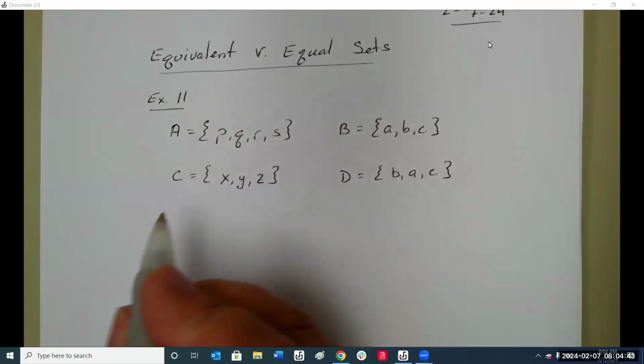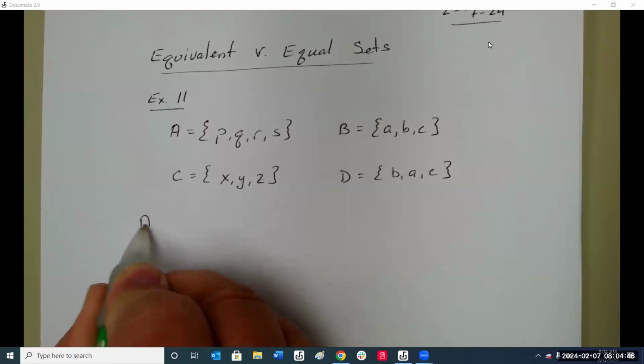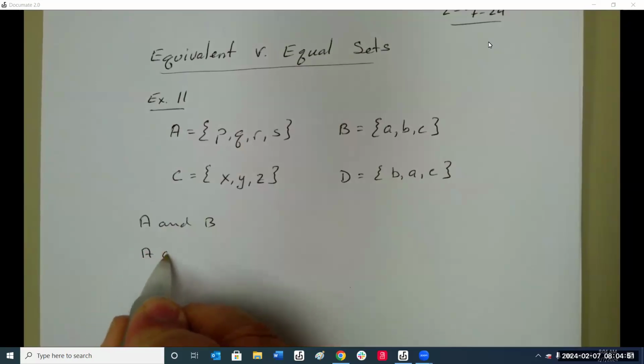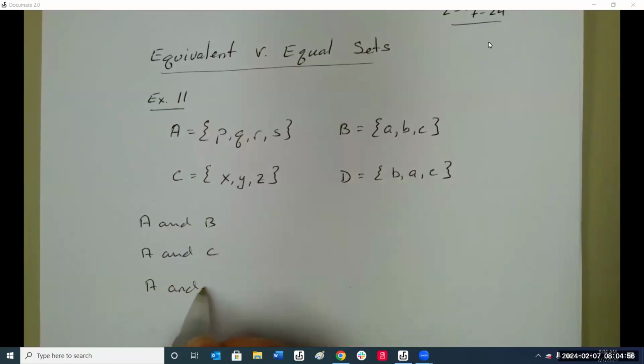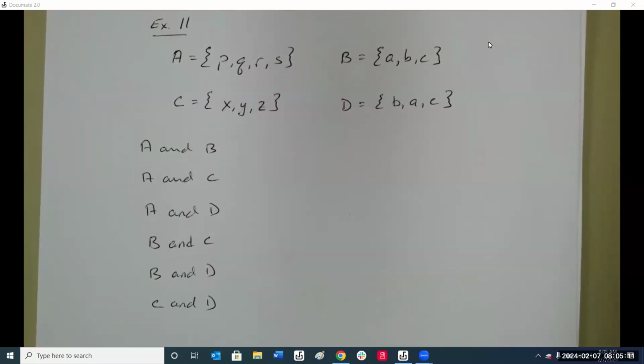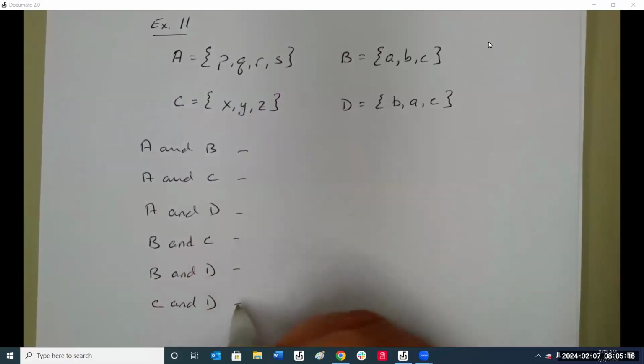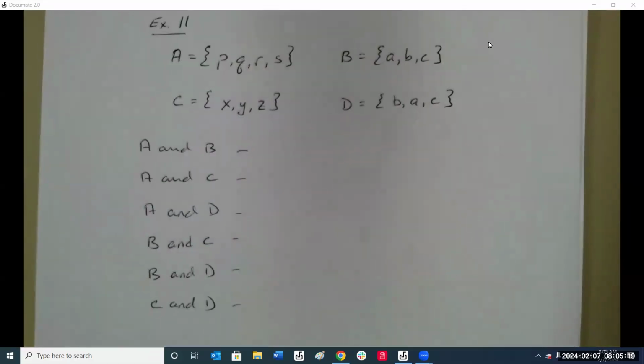Let's look at sets A and B, A and C, A and D, B and C, B and D, and C and D. So what can you tell me about these pairs of sets?